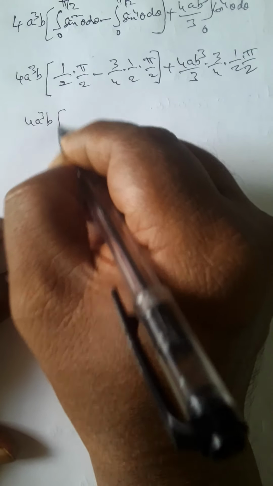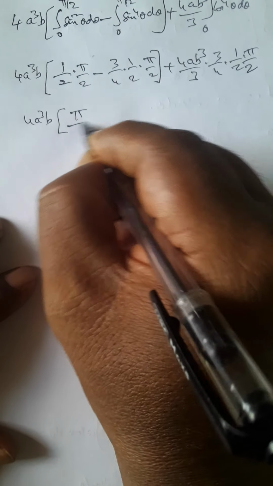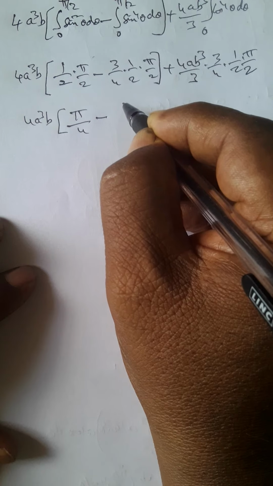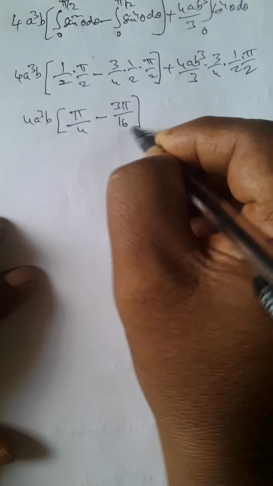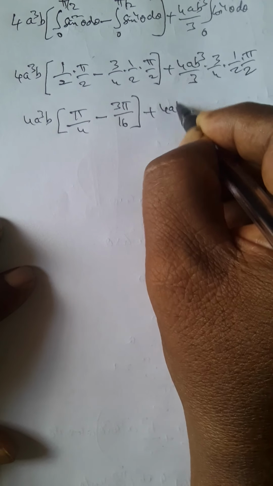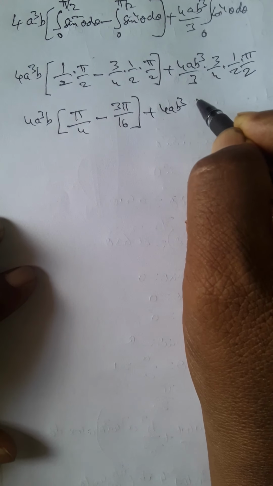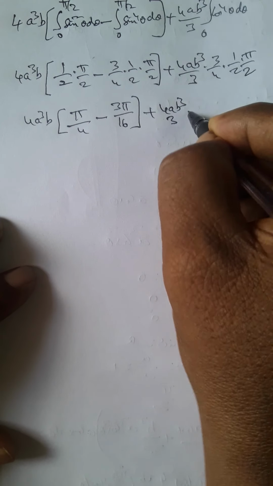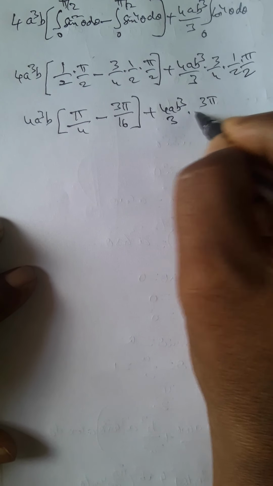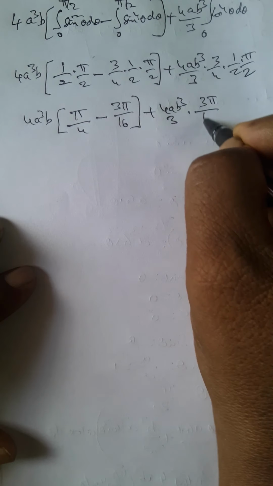So 4a cube b, pi by 4 minus 3 pi by 16, plus 4ab cube by 3 into 3 pi by 16.